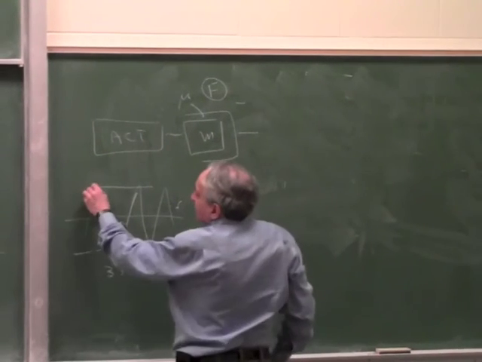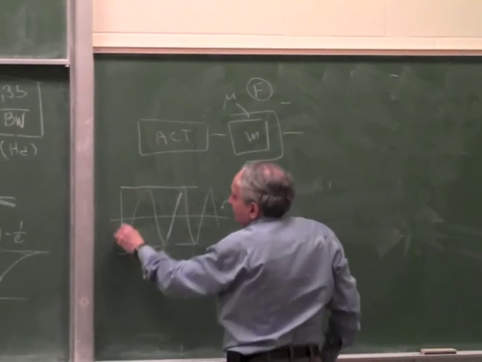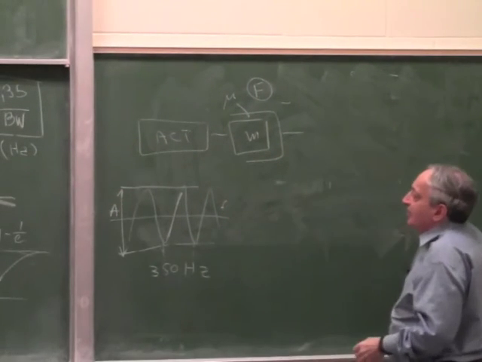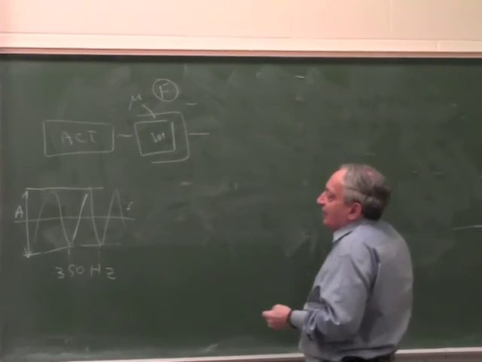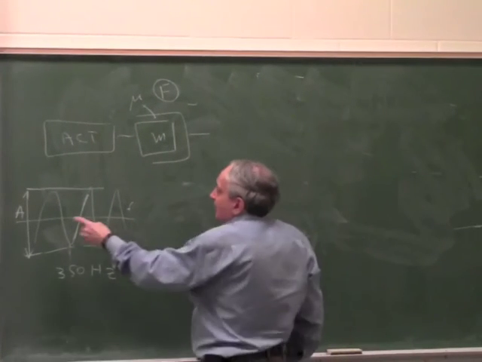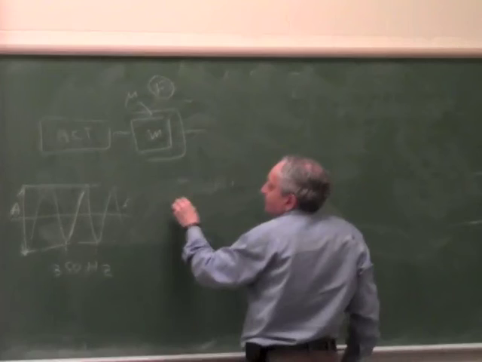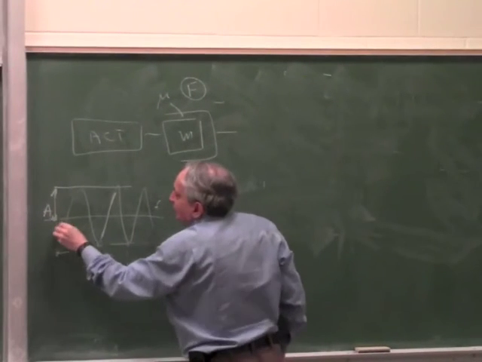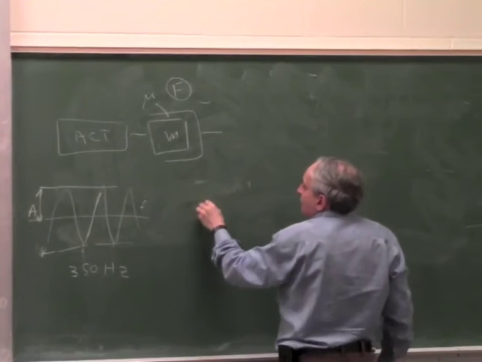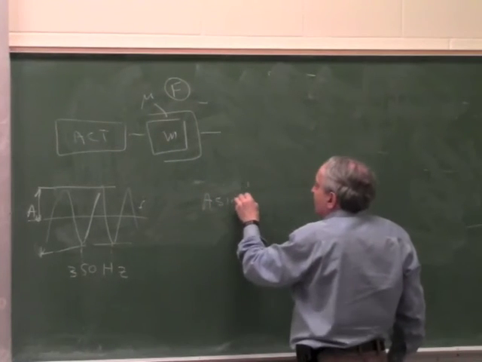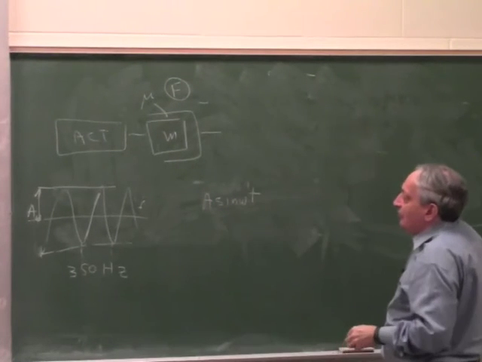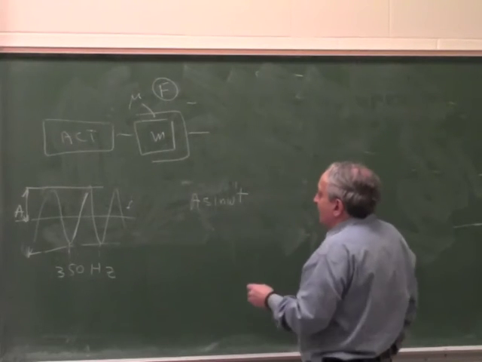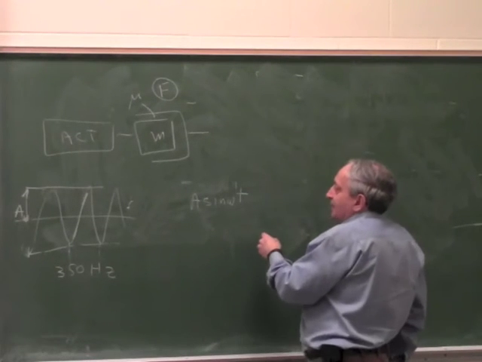So if I want to move this one cycle, let's say I have a certain amplitude. Let's call half amplitude A. So the position will be A sine omega t. From this I can take the velocity, and the acceleration will be the second derivative.